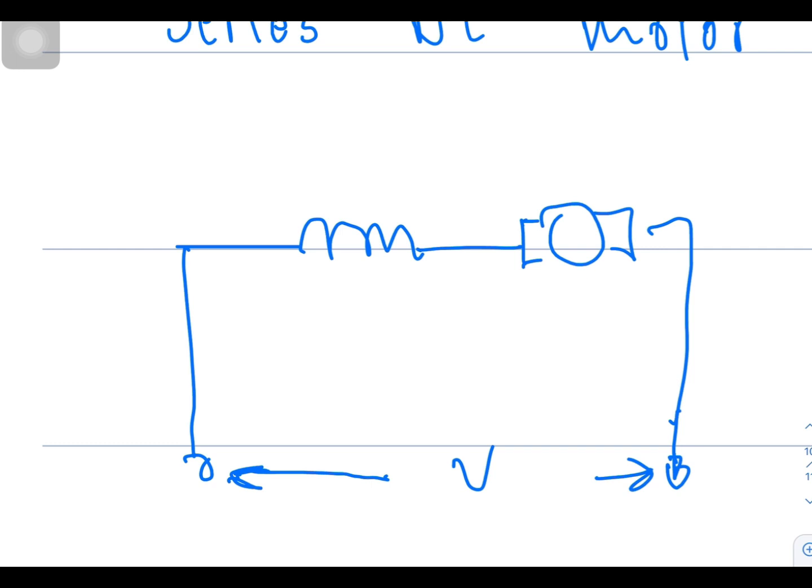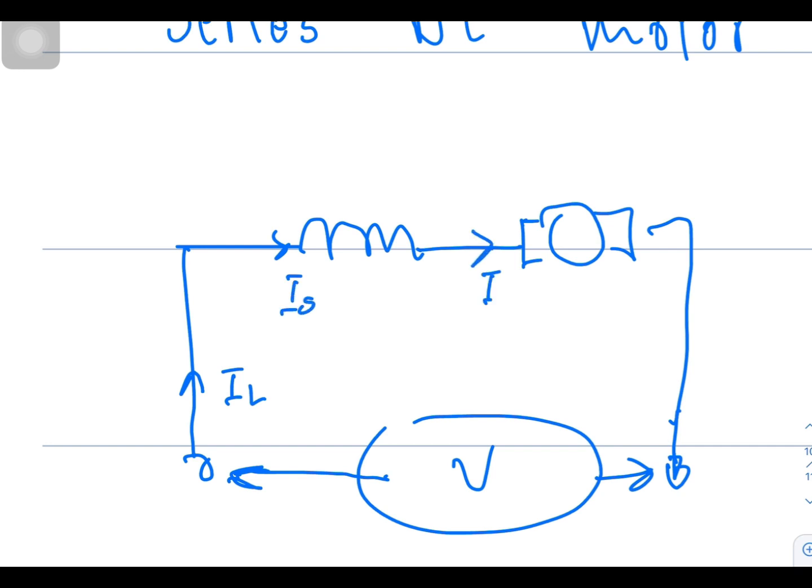This is our supply, maybe a power supply or a battery, whatever is supplying the motor. Notice the direction of the current. It comes from here as I load, then goes through the I series, and goes here.